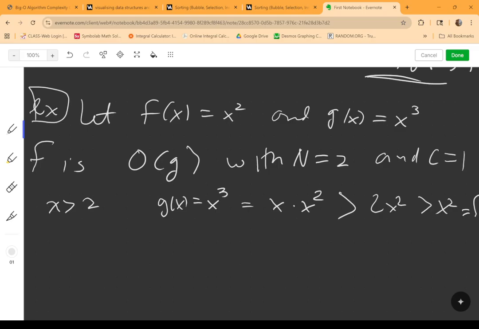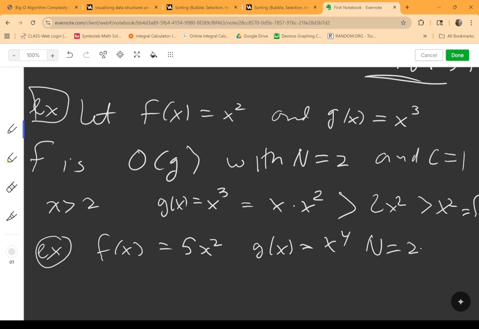Another example we can look at is, let's say f of x equals 5x squared, and g of x is equal to x to the 4th. In this case also n is 2, and we'll take c to also be 2.